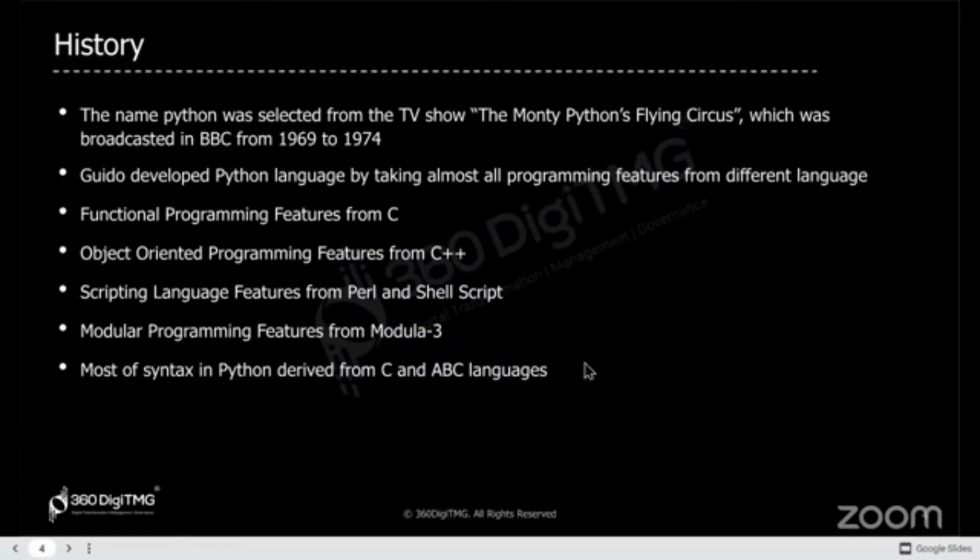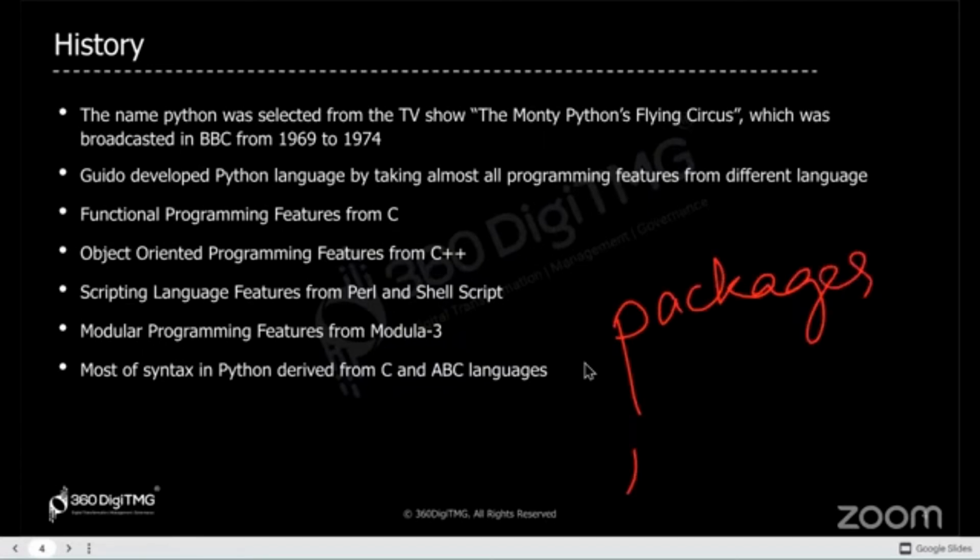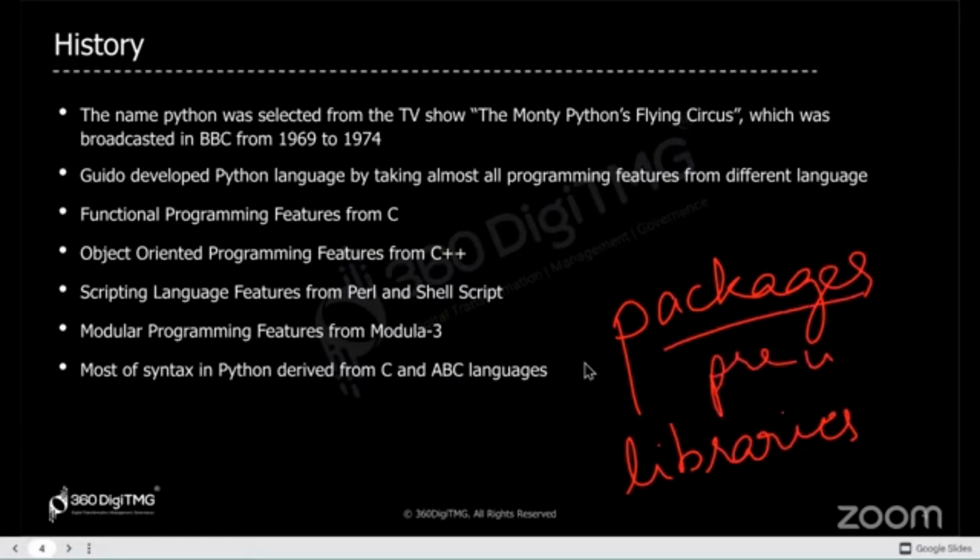It has a lot of packages. Python has a lot of packages, or you call them libraries. And what is a package? It is pre-written code. For a given activity, you just need to invoke the package which already has pre-written code in it.